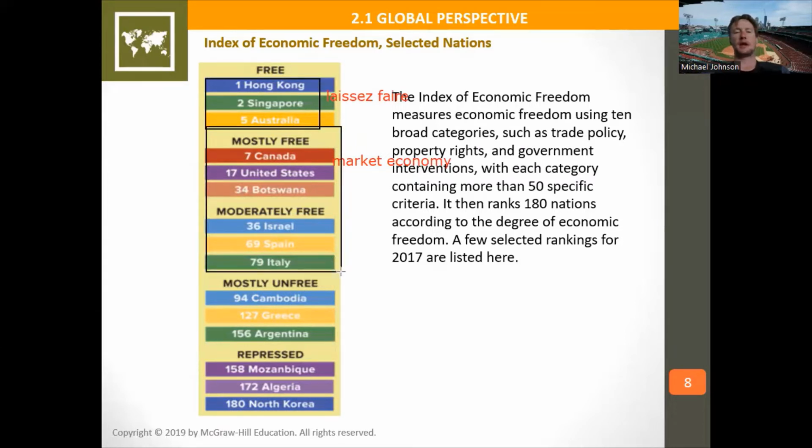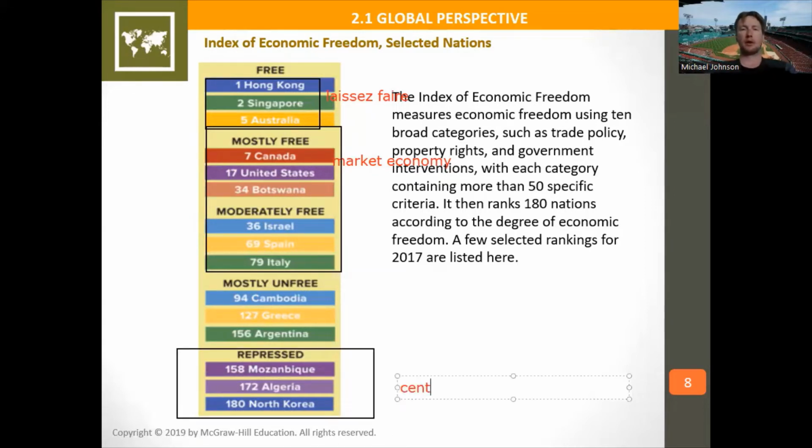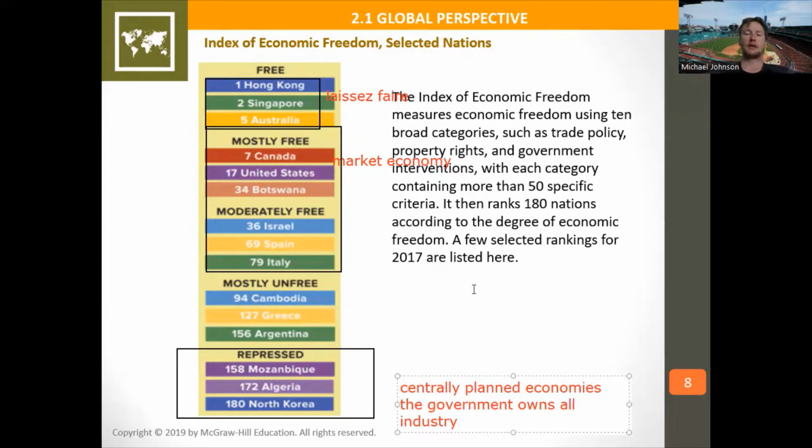Israel, Spain, and Italy would probably be under market economy. And then Mozambique, Algeria, and North Korea are more centrally planned economies, where the government owns basically all industry.